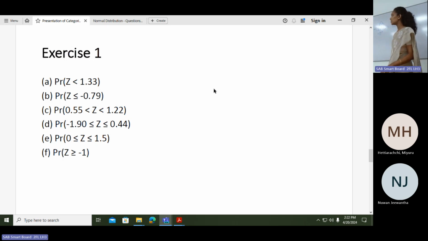Last one, the probability is greater than or equal to minus 1. Here, minus 1, greater than. Then we look at 1 from the table, 0.3413. That's the area, then we add 0.5, and then 0.8413. Understood?